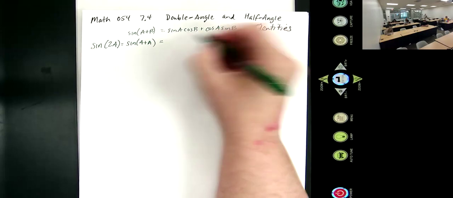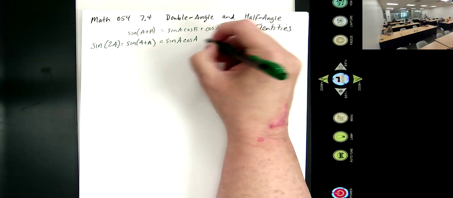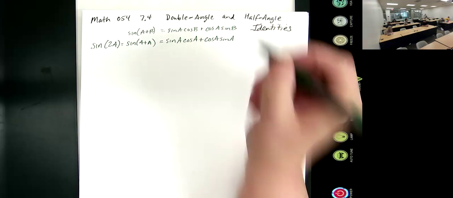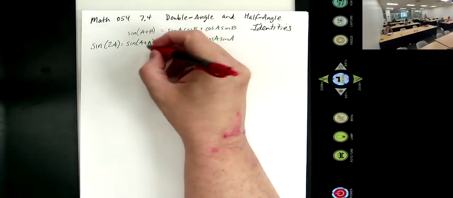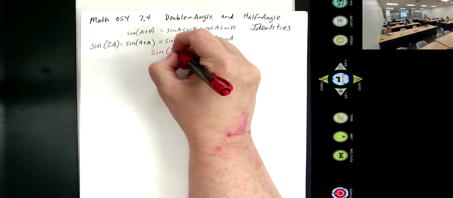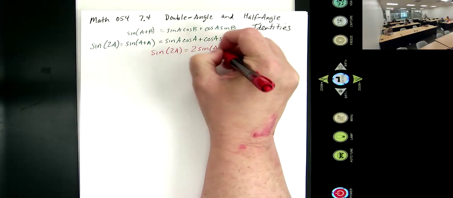Well, now the b's are getting replaced with a's, and we have sine a cosine a plus cosine a sine a. But those are the same thing. So sine of 2a, or sine of 2 theta, I'll use a because I did it earlier, sine of 2a is 2 sine a cosine a.